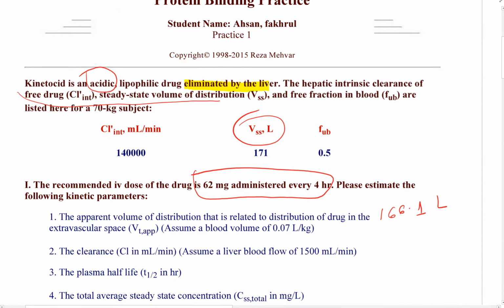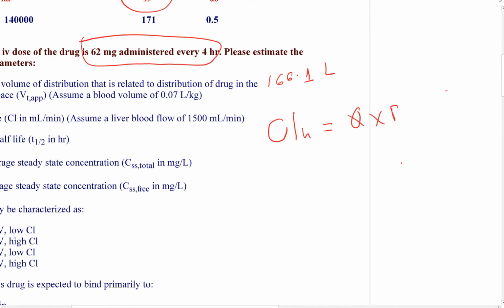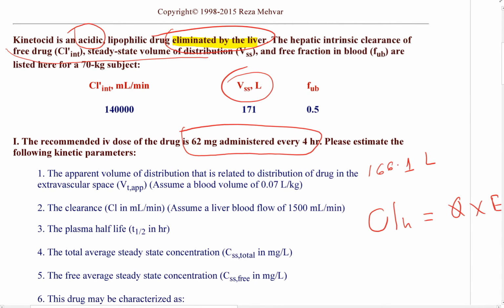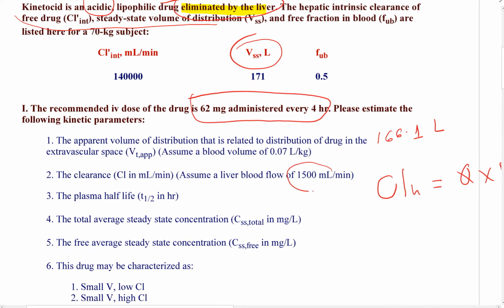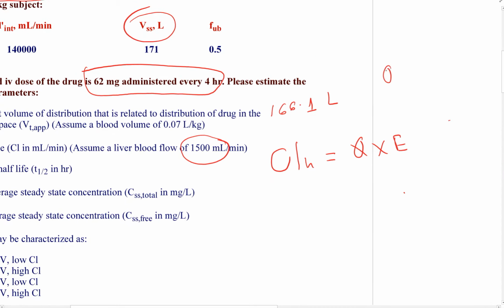If you remember, for liver clearance we use this equation: CLH is equal to Q times E. We know Q is equal to 1500 milliliter per minute. Now we have to calculate E. We do not have any data on E, so we have to do some steps.